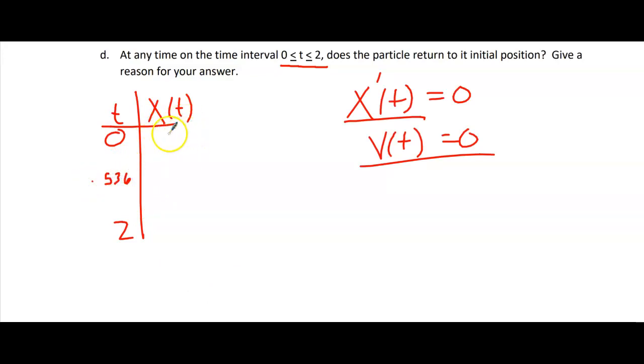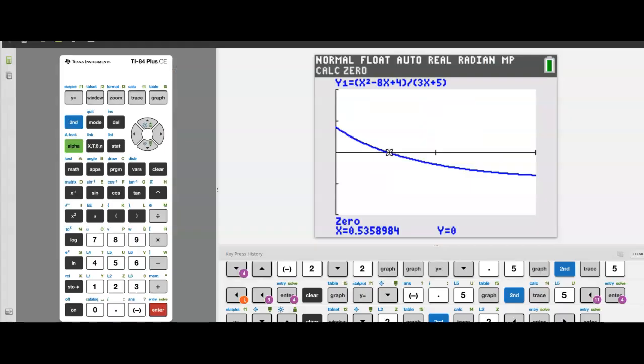Now I know the position at the beginning is 3. After that, the particle is moving to the right. And then after that, it starts to move to the left. And the question is, will it go back? Now, honestly, you can kind of tell just by looking at the graph that it will, because the area under this curve tells you how far to the right it went, and the area under this curve tells you how far to the left it went.